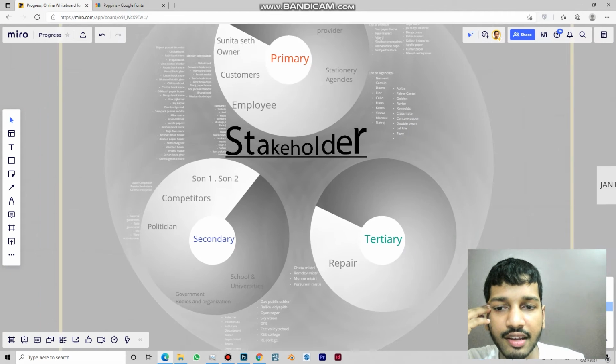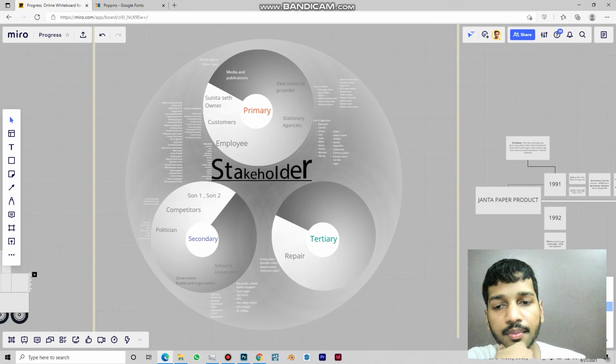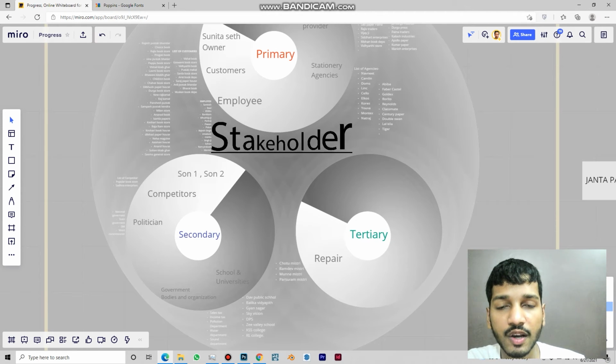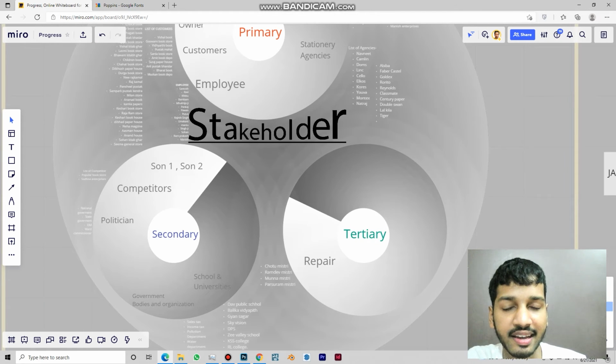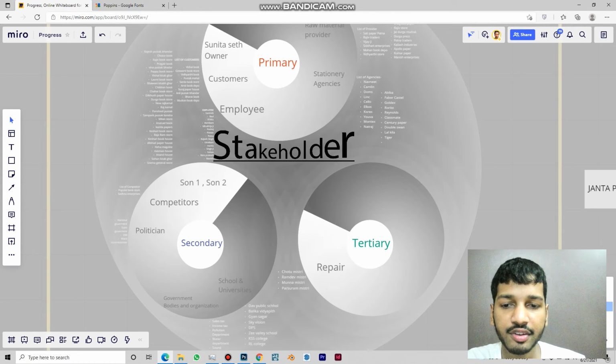The secondary are those with relationships of more than 1 year, and they can't be replaced. On the tertiary part, the business can replace them if they want to. On the secondary, they can't have an alternative.